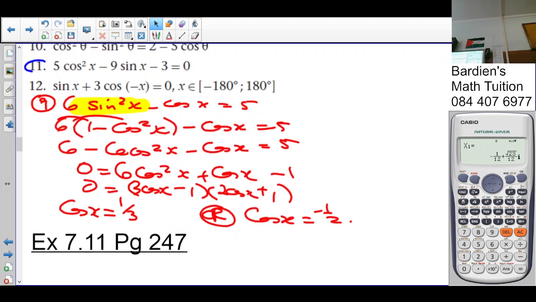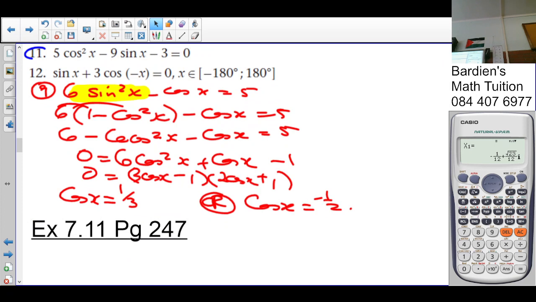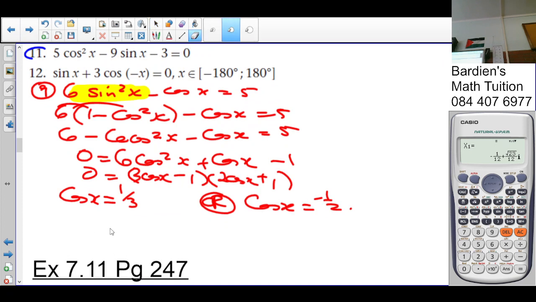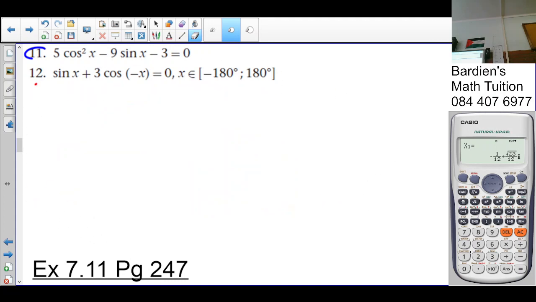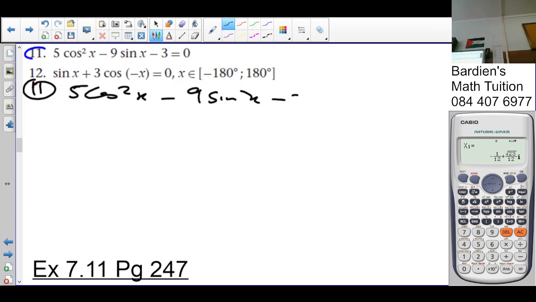Let's go with number 11. You got 5 cos squared x minus 9 sin x minus 3 is equal to 0.